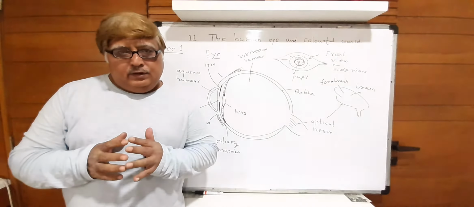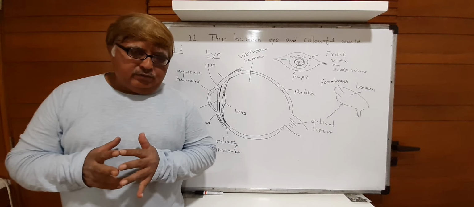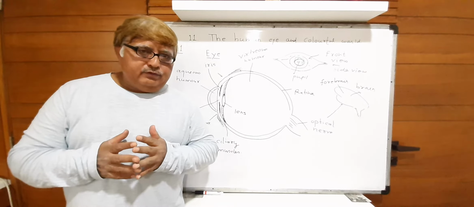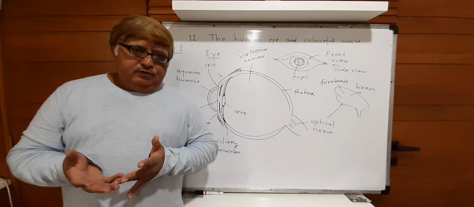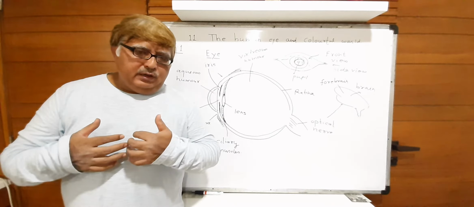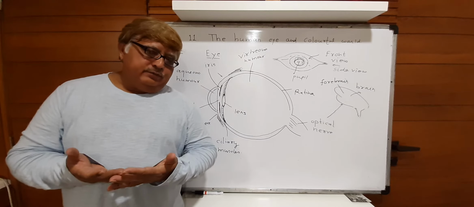That's a natural adjustment, and it is the gift of nature to us. Our retina is ultimately a light sensitive screen, so it should not be exposed to sudden changes of light.